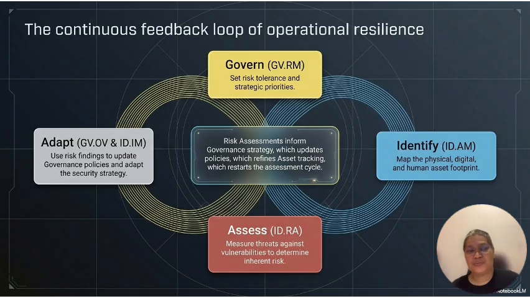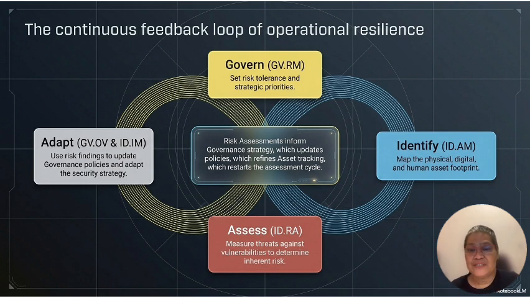So here's what we say about a realization, right? There's always this continuous feedback loop, and it's all about resilience, operational resilience, right? We use governance because we set the tolerance. We already know that the tolerance and the risk appetite is provided by executives.